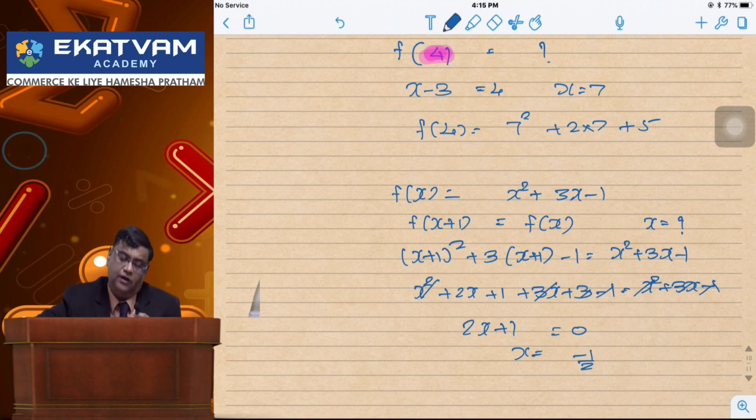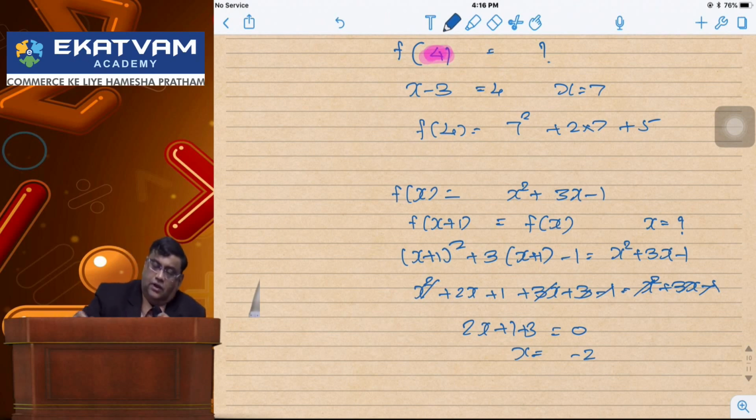The 3x on this side will cancel with 3x on that side. x square will cancel, 3 will not cancel, then minus 1 will cancel. So it will be plus 3 equal to 0, so 2x equal to minus 4. Will that mean x equal to minus 2? Check. That is how the problem can be asked on the basis of this.